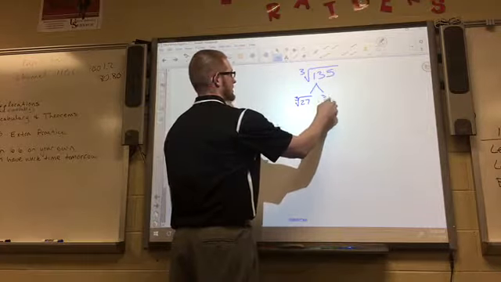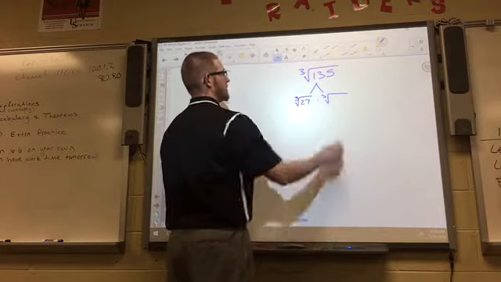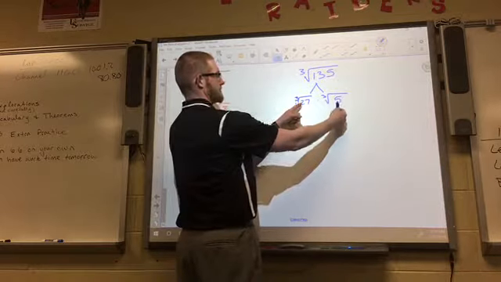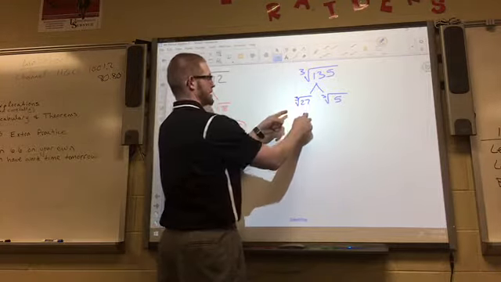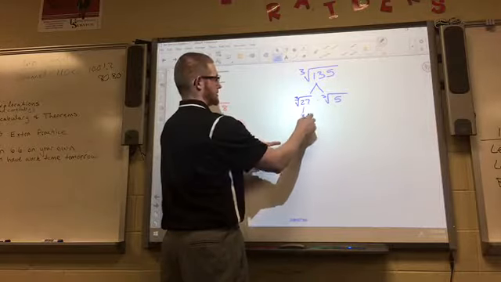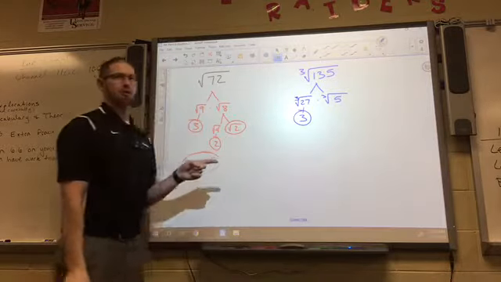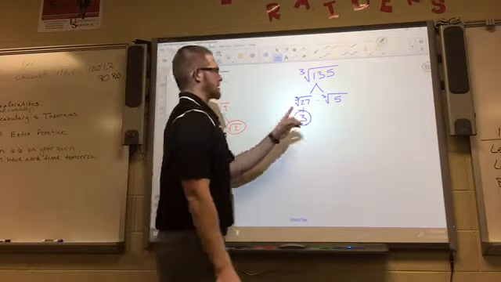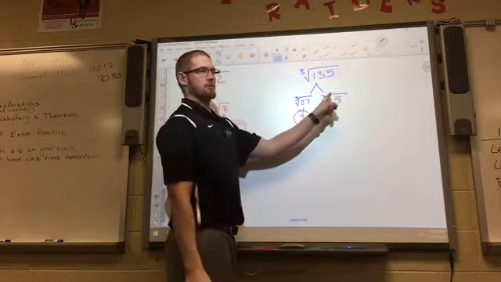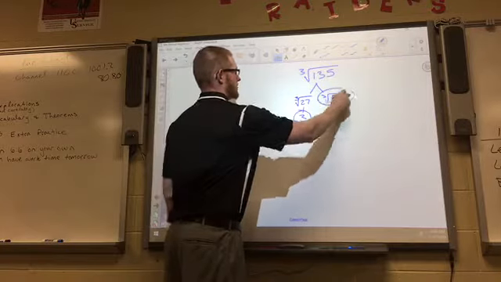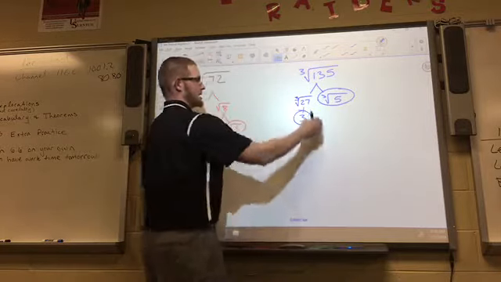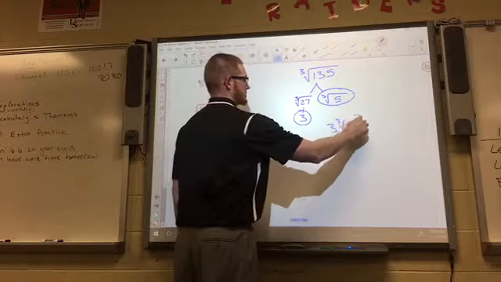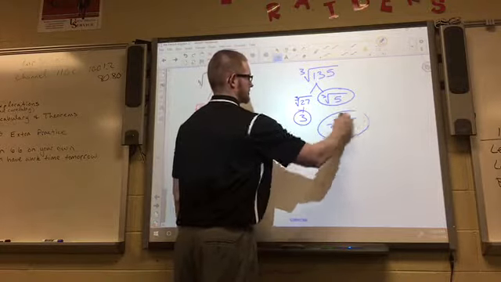What times 27 is 135? 5. So I have the cubed root of 27 times the cubed root of 5. Cubed root of 27 is 3. I'm done with that because I actually cube rooted. I got rid of my radical. Is there any cubed roots that I can take out of this? No. So I'm done with it. So my answer is 3 cube roots of 5.